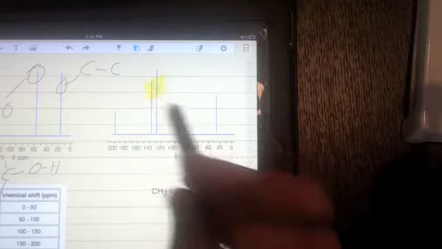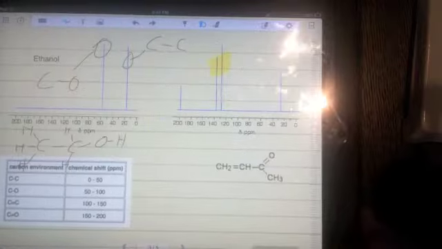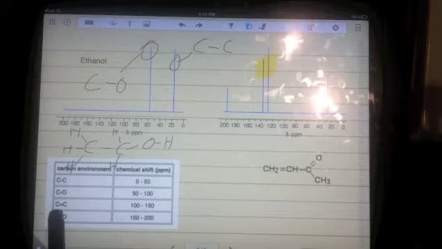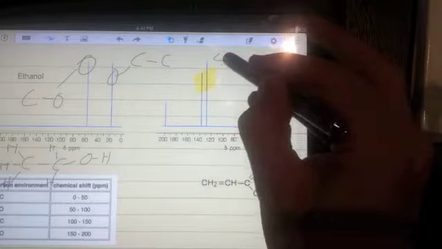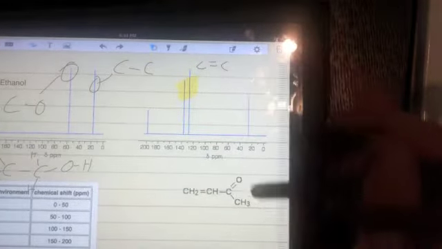And we're going to look at 2 peaks here within the 100 to 150. So if I just move this back here, so you can see 100 to 150 down here means it's a C double bond to C here. So we must have at least a C double bond C for that to happen.